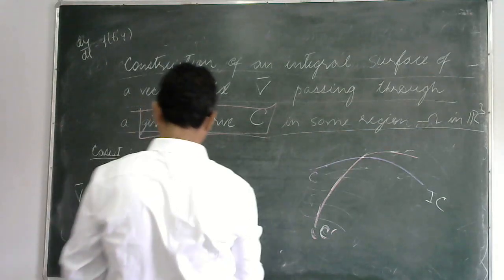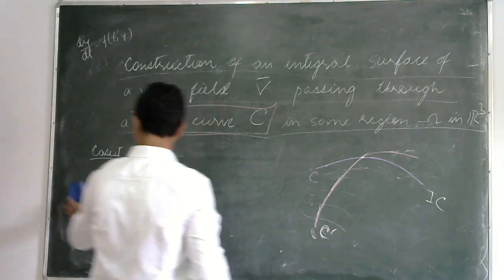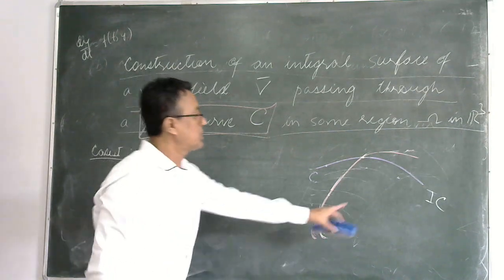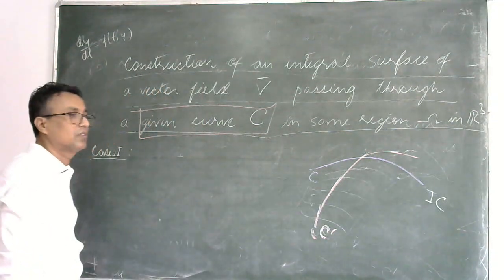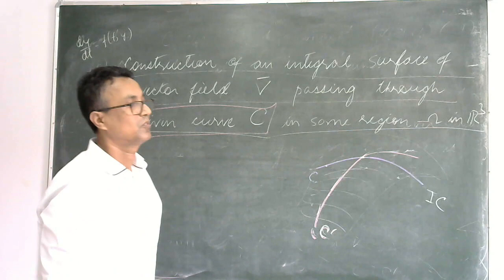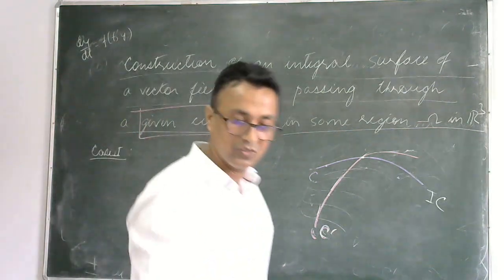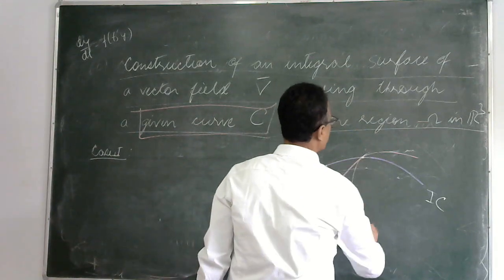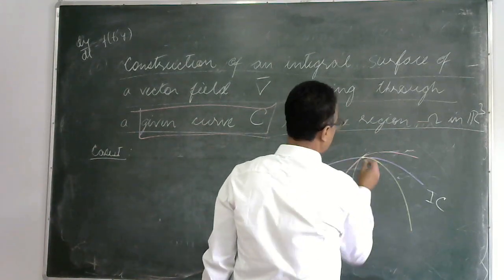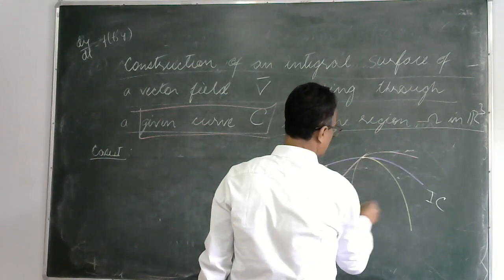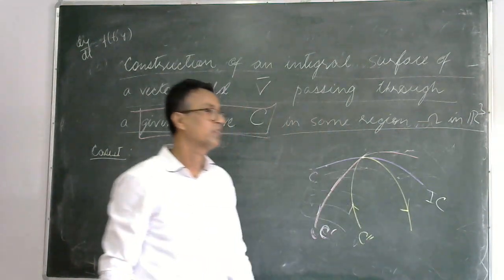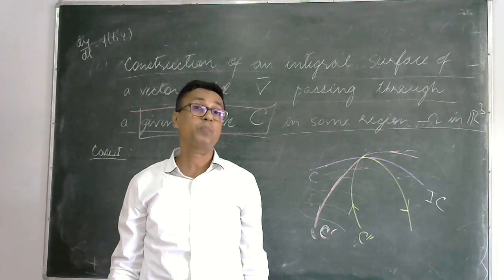In this way, the way I have done it here. See, I may have a curve like this. I may have a curve like this, isn't it? Say, suppose this is my curve, C double prime. Because I am considering curves in space, remember.